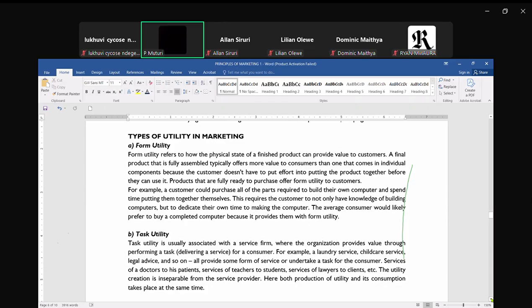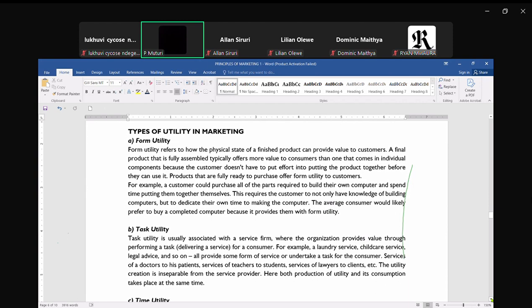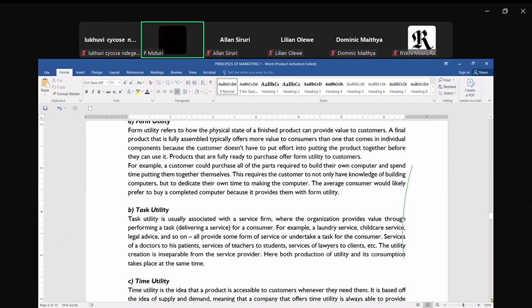And that is why we pay the price, whether it is 10,000 for the phone or 50,000, because it's a thing that you're able to use. All right, so that's about form utility.